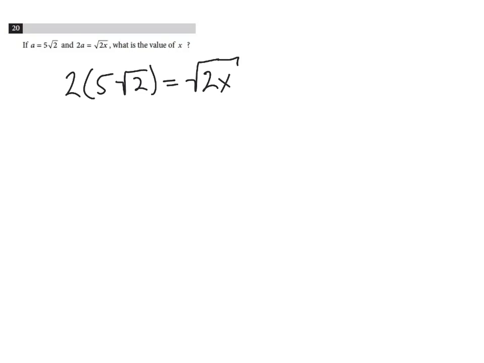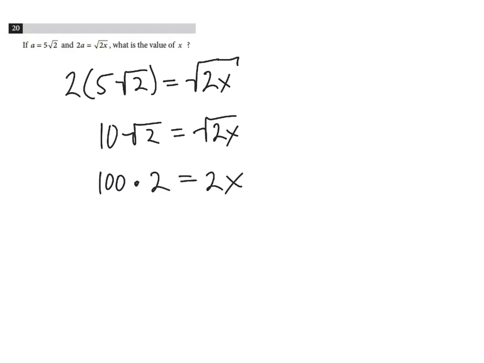Okay, alright, well, that's going to be 10 root 2 equals root 2x. Okay, so we can just square both sides at this point. We'll get 100 times 2 equals 2x, and then divide both sides by 2. We'll get 100 equals x.